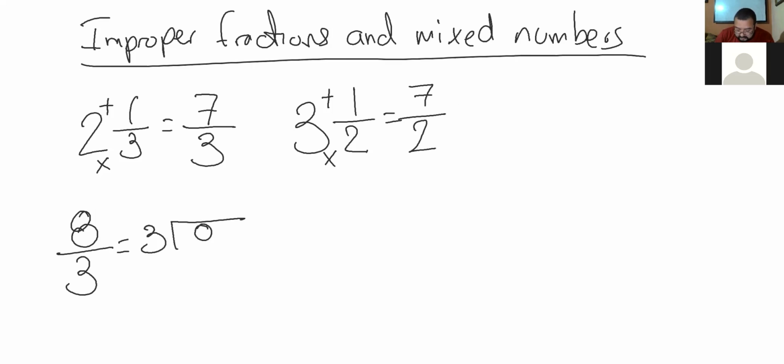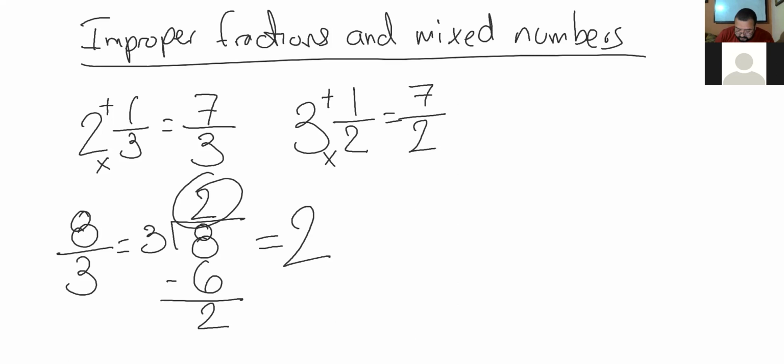This is how you write 8 divided by 3. One number in the table of 3 that gets near 8 without passing 8 is 2. 3 times 2 equals 6. And 8 minus 6 equals 2. Now with these 3 numbers, we are going to make our mixed number.